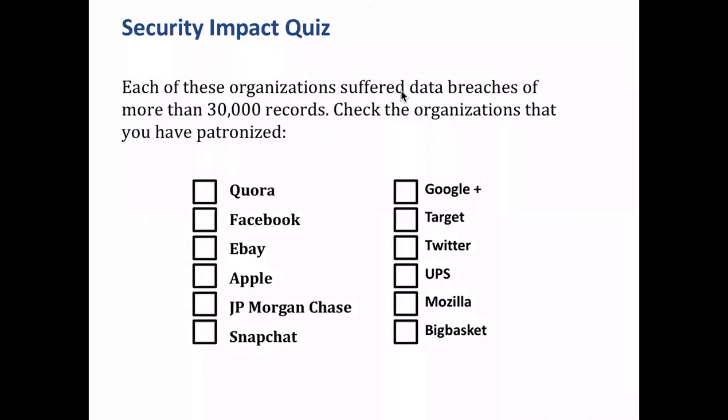Okay, so each of these organizations has suffered data breaches, right? Actually, most of the organizations that exist today have faced data breaches in some way or other. For example, I get a lot of random calls about different things.